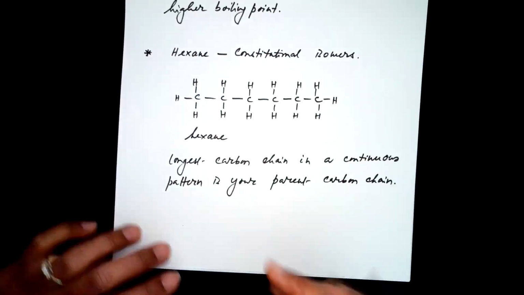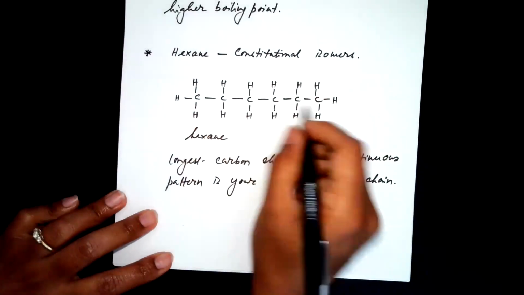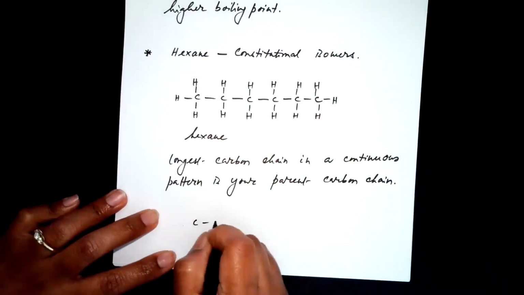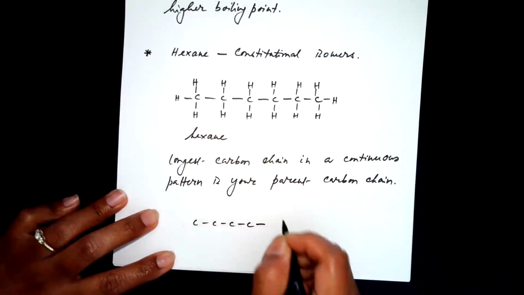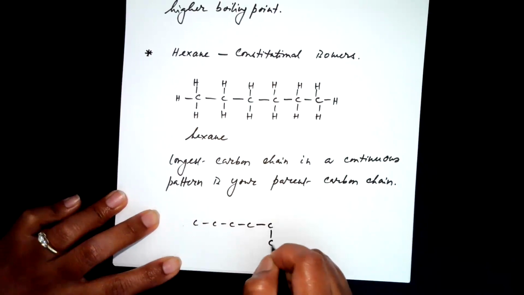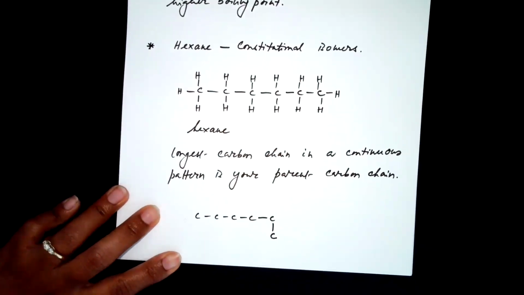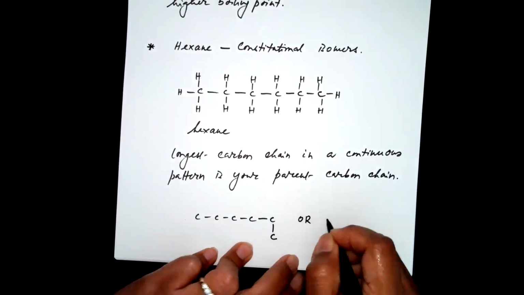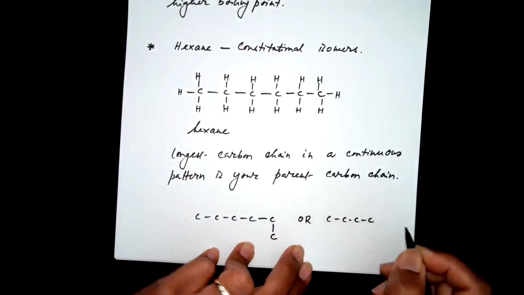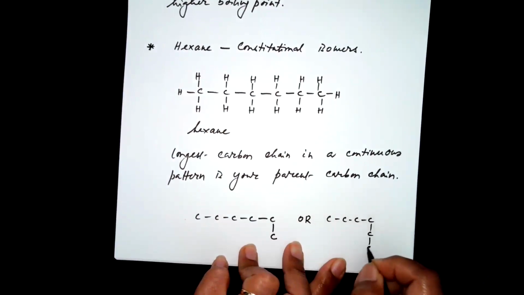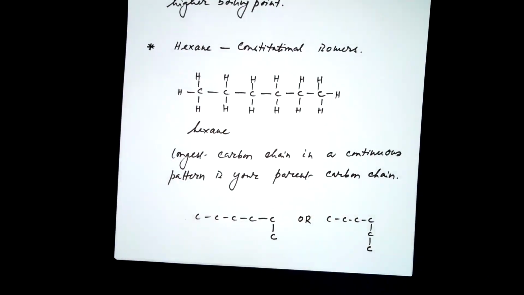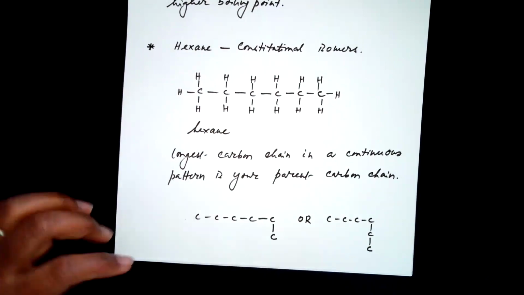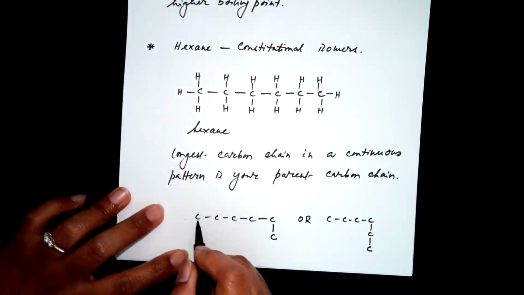So what that means is, if instead of drawing it all in a straight line, what if I had drawn this molecule this way? If I had drawn this molecule out this way, or if I had drawn this molecule out as 4 carbons in a line and then 2 others hanging from there, all of these versions of your molecule would still be called a hexane, because the longest carbon chain in a continuous pattern would still be 6.